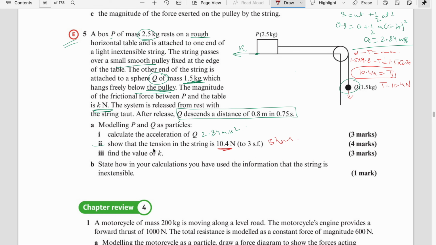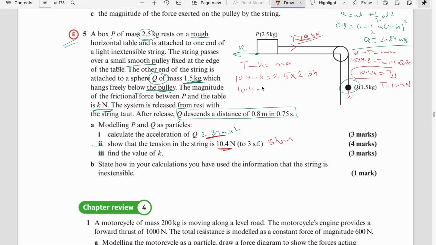Find the value of K. Now when we know the tension, this is one string and they're connected, so tension is equal to 10.4 newtons. So the equation of P, right equals left. If it is moving towards the right, tension is more, then the friction, equals MA, and tension is 10.4 minus K, mass is 2, and they are connected, so connected bodies have the same acceleration, which is 2.84.